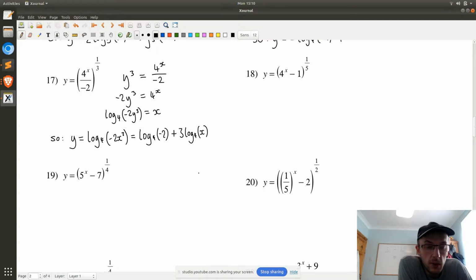Log base 4 of -2 is saying, to what power do I have to raise 4 in order to... That doesn't have an answer. What? So I just leave it like that?